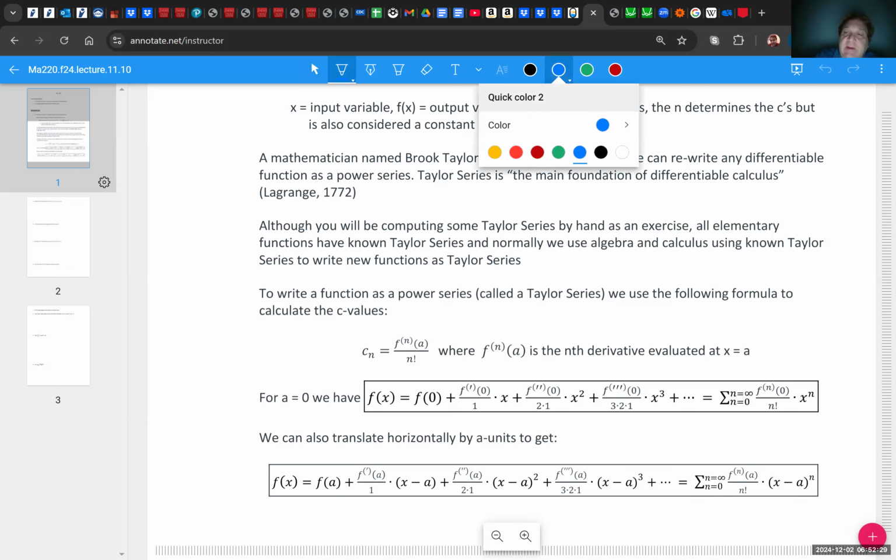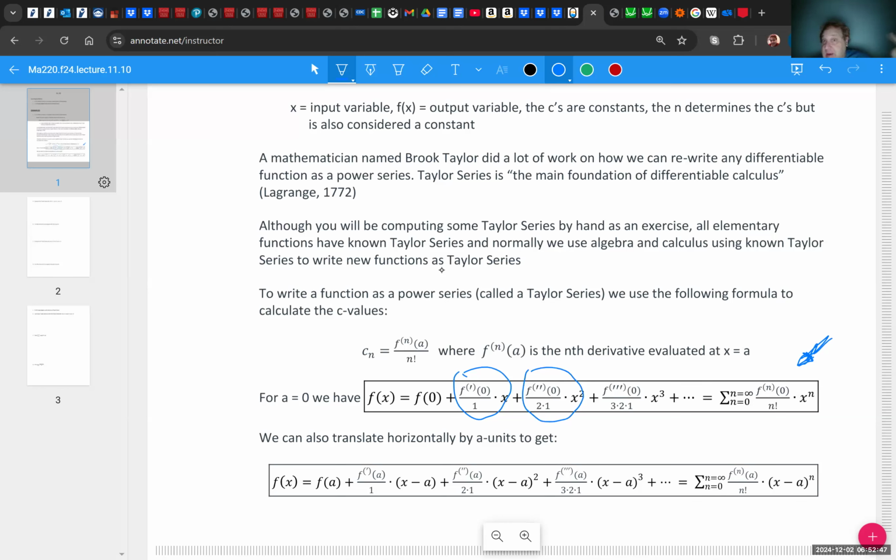If you look at the formula, this is the formula I'm talking about. We have the first derivative that helps us determine the number in front of x. That's our linear component. We have the second derivative that helps us determine the x squared part. That's the parabola component. Then we have a third derivative that does the x cubed or cubic component, etc. So you need the nth derivative to help you determine the coefficient on the nth exponent on x.